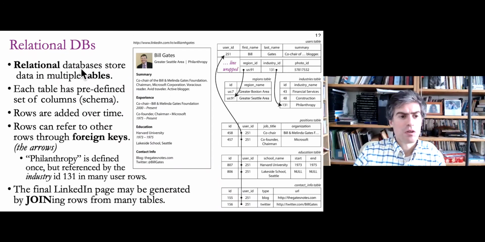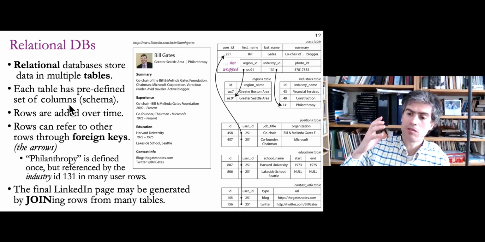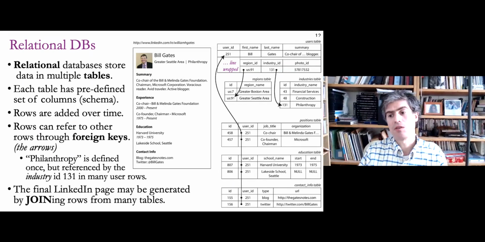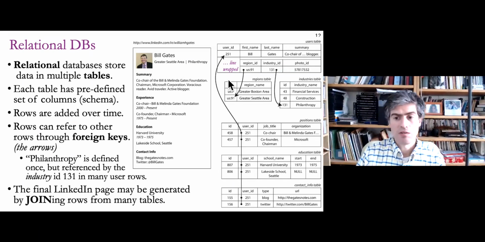Anyway, when you're using a relational database, you have a bunch of tables. The tables have predefined sets of columns. So it's a very strict way of storing data, because if you're going to store data, it has to fit within certain tables that are predefined and have certain columns. What you do when you store more data is add rows to those tables. Rows are added over time, and rows can refer to other rows through foreign keys, which are the arrows in these diagrams.